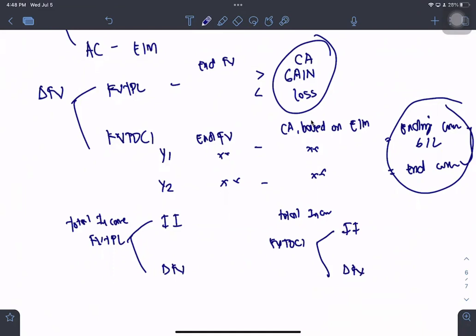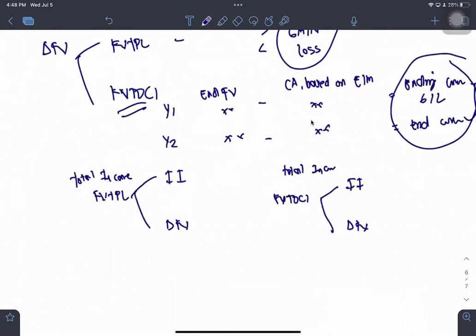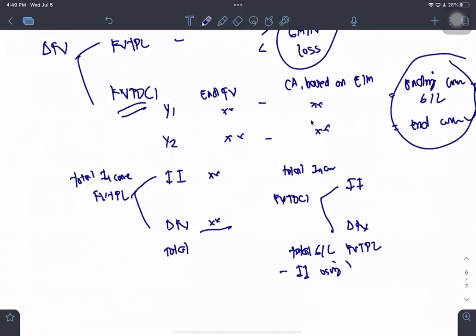If ever you find it hard to compute for the FVTOCI gain or loss, you can make use of this shortcut. You get the interest income under FVTPL, you get the changes in fair value in your FVTPL, that is your total. So the total gain or loss in FVTPL, less the interest income using FVTOCI, that is the changes in fair value under FVTOCI.